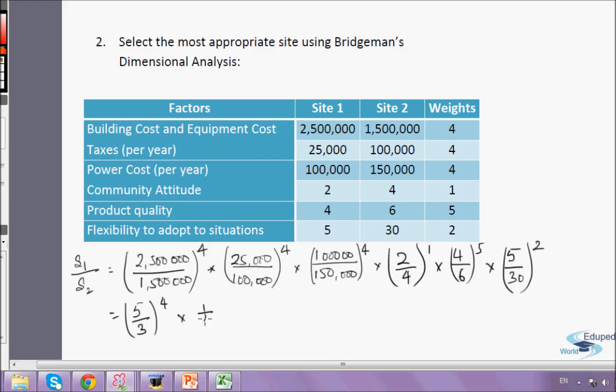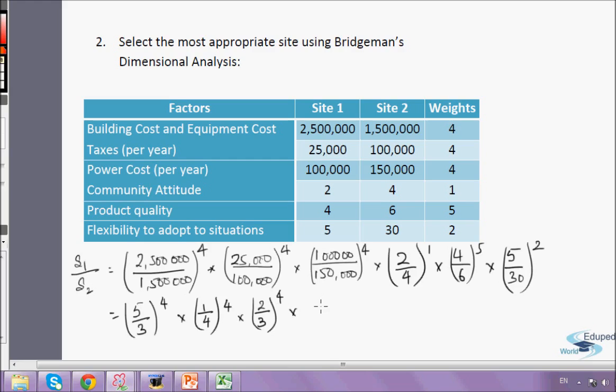It will simply be 1 over 4 again raised to power 4 multiplied by 100,000 by 150,000, it's simply 2 by 3. We can simplify them easily as the values are not in prime numbers or odd ones, they are even, and you can cancel out and solve them straight away here. Or maybe you can use the Excel sheet which we did for the previous one.